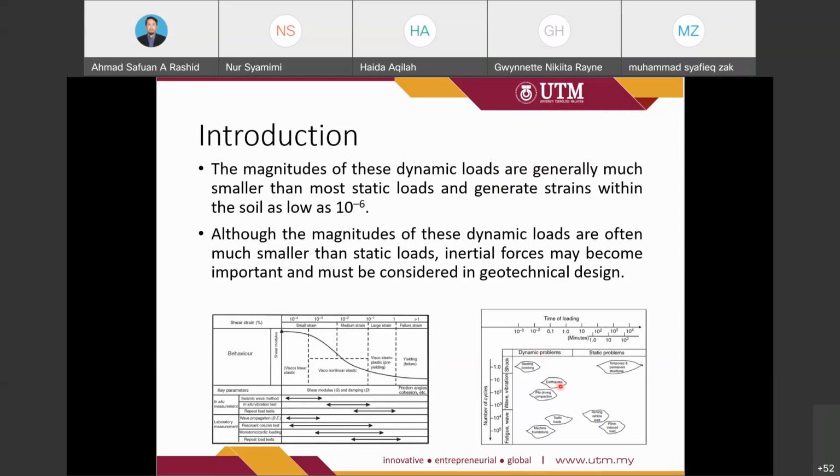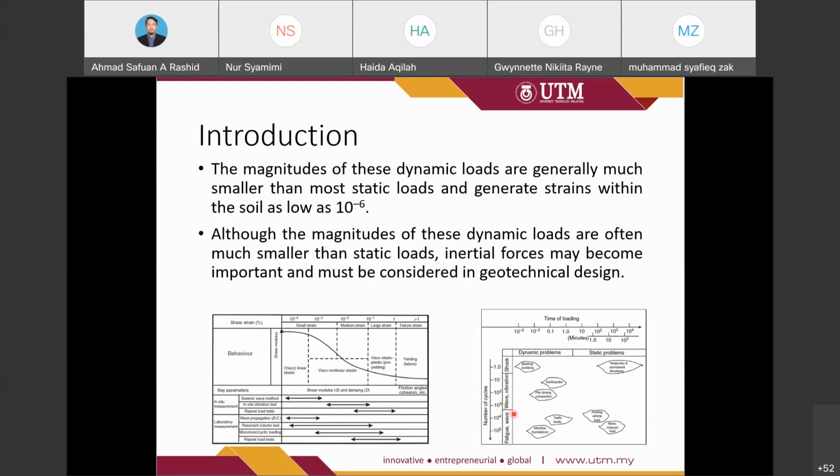Then we have vibrations or wave propagation, generally applied to earthquake events and construction activity, where a number of loading cycles occur, within 10 to 1000, at a frequency from 1 to 100 Hz.